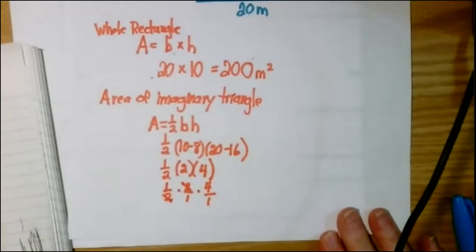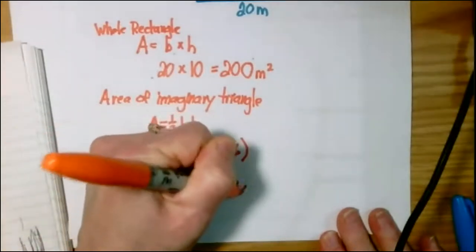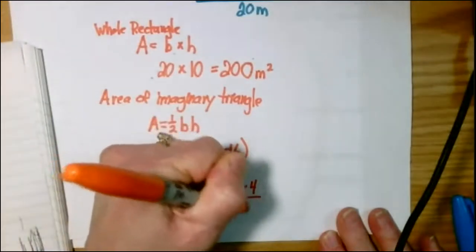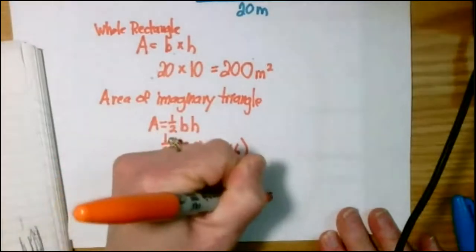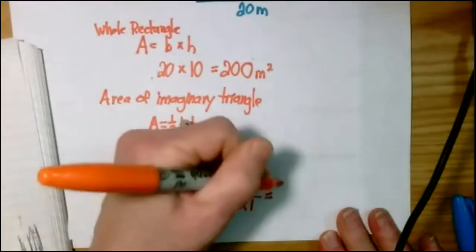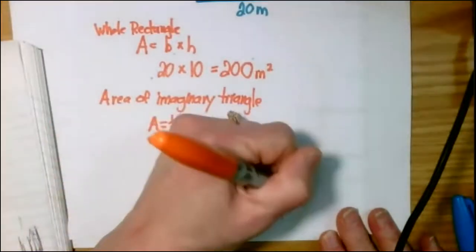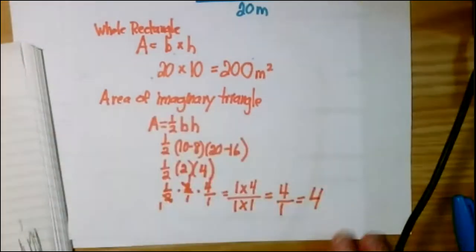They cancel. And I'm left with just 1 times 4 on top. These are going to become 1's. And 1 times 1 on the bottom. So my answer then is 1 times 4 is 4. 1 times 1 is 1. Any number over 1 is really just the number.